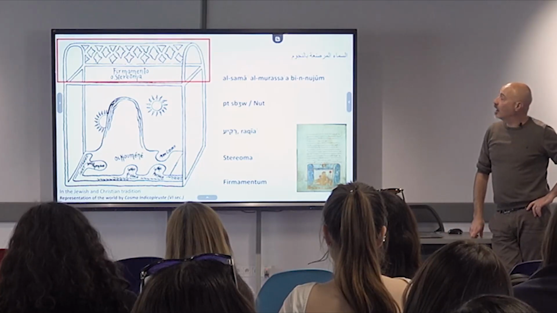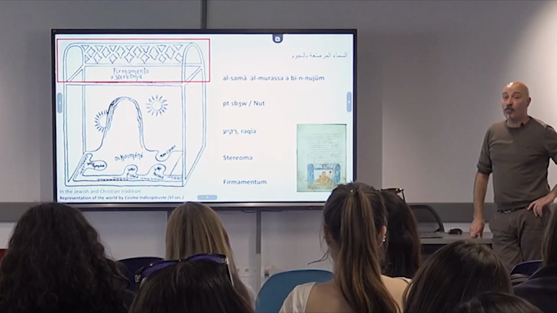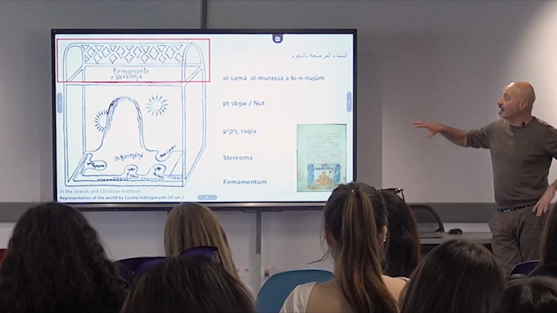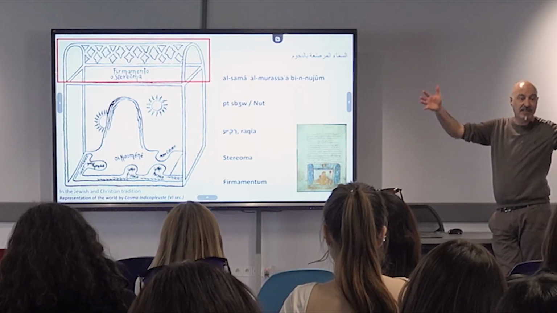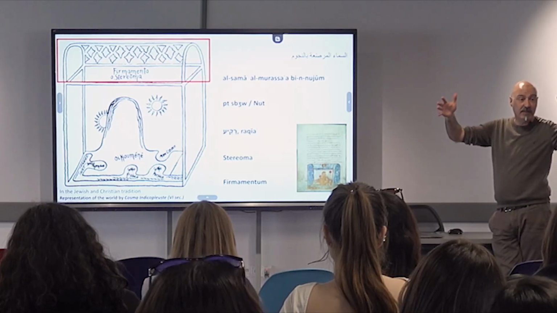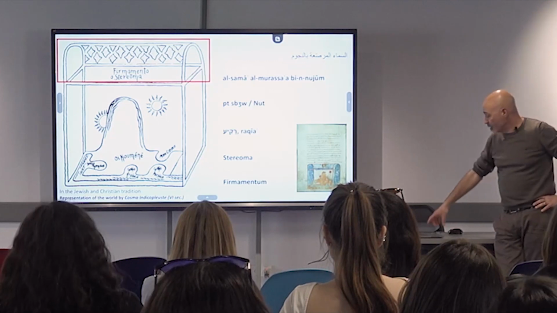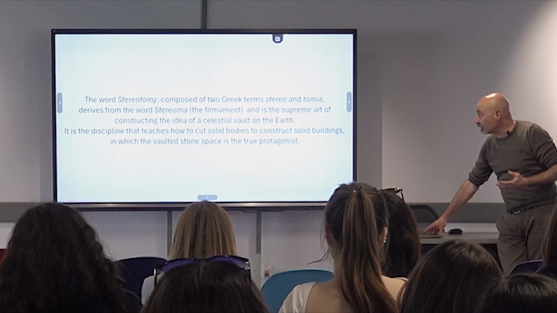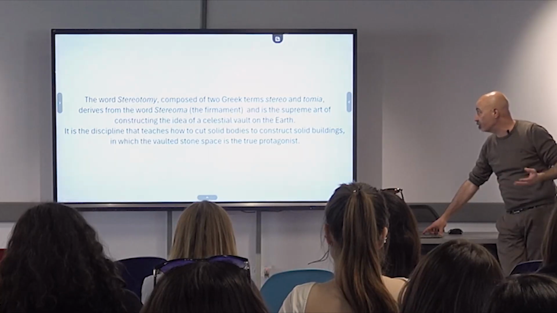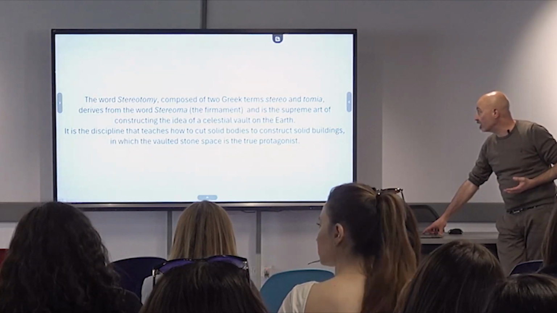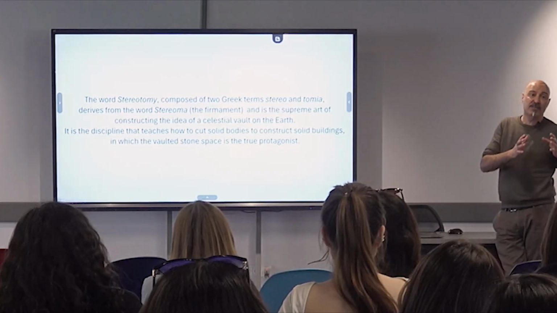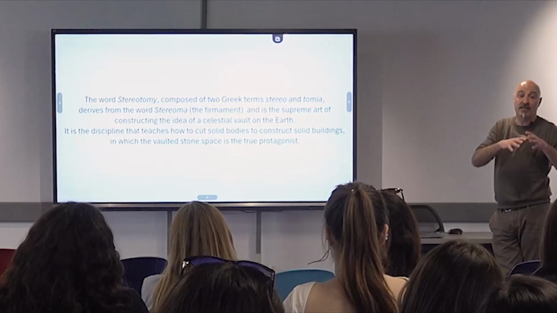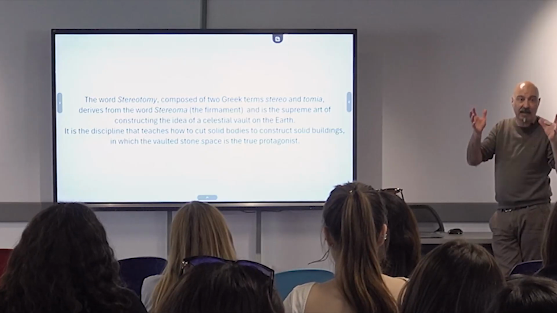So the term stereoma, which is the origin of stereotomy, is the part of the starry sky, solid and integral. So the stereo part of the term is linked to the firmament, the solid star in the sky.